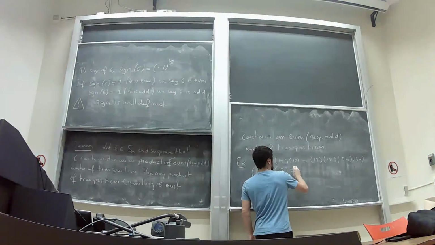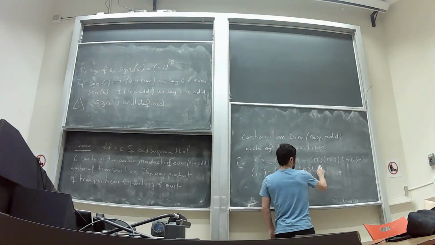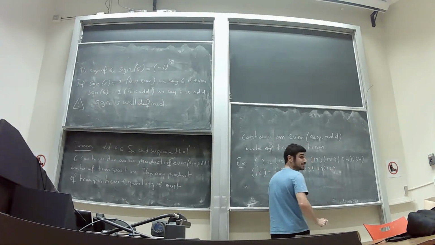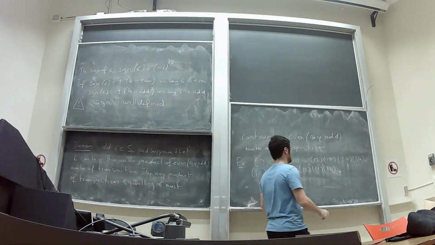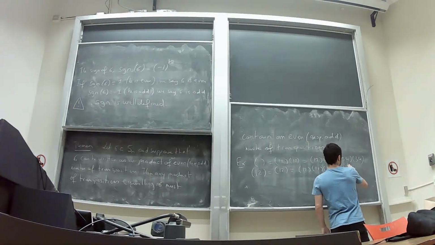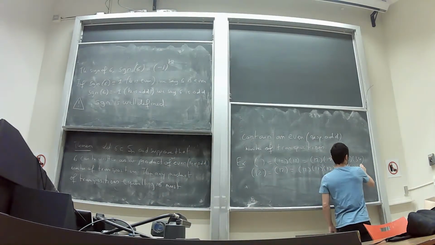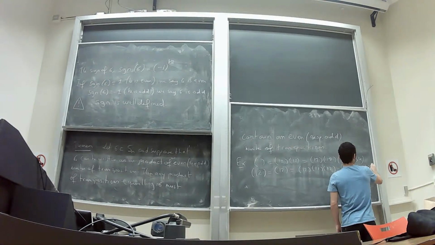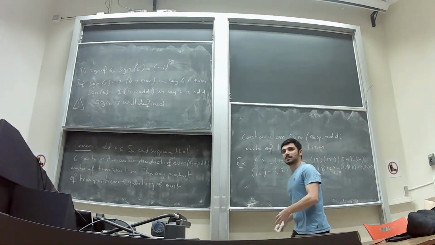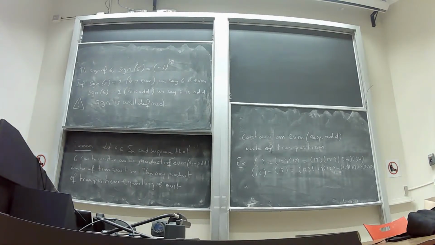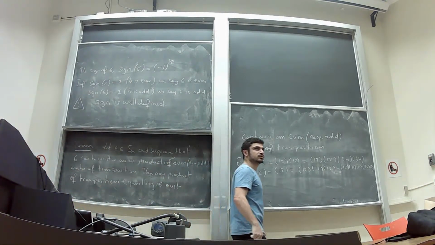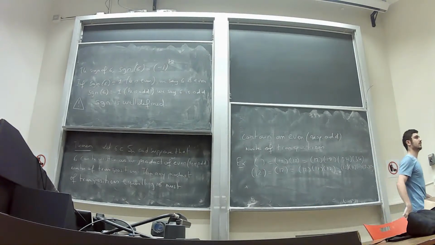You can write it as (1 2) times (1 2) times (1 2), and you can write it as (1 2) times (1 2) times (1 2) times (3 4) times (3 4). So if you can write sigma as an odd number of transpositions, then you cannot write it as an even number.